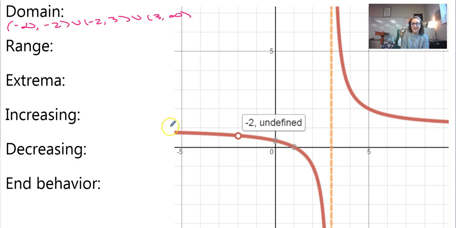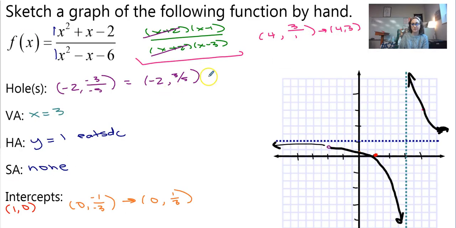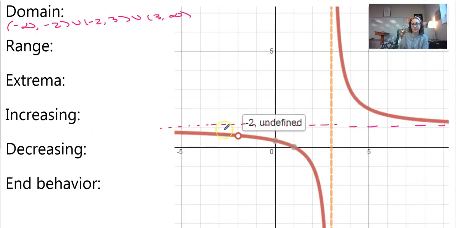Our range, notice that we don't have this y value covered, and if we come back to our hole, that y value is 3/5. We also don't have our horizontal asymptote of y equals 1 covered. All the other y values are covered, so our range goes from -infinity to 3/5, 3/5 to 1, and then 1 to infinity.